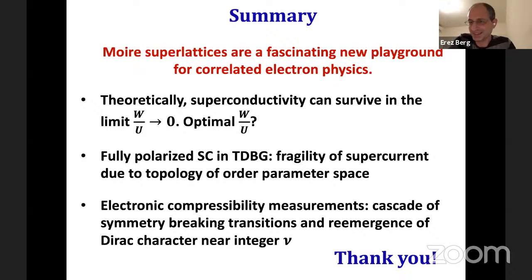Is it phonons or not phonons? Is it unconventional at all? There are many interesting ideas from Ashvin and Mike Zaletel and collaborators that it's related to Skyrmion physics. So I think the nature of the superconductor here is really wide open.